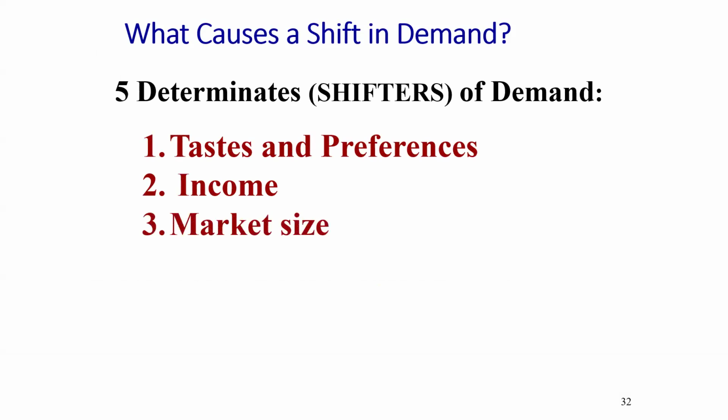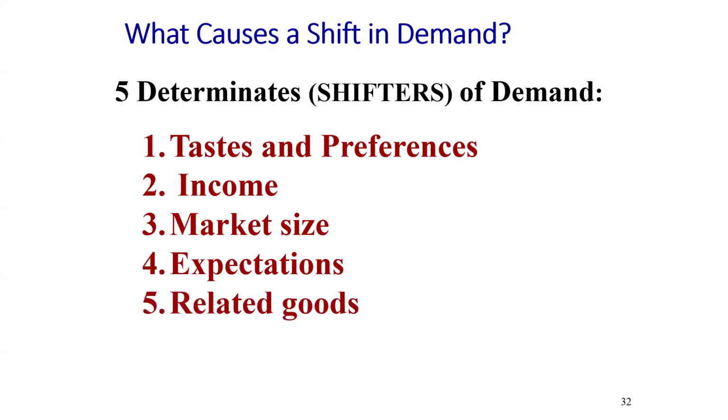Market size. Expectations. Okay? For expectations, if prices are going to go up in the future, demand now is going to increase. And then related goods, substitutes and complements. Okay, taste, preference, income, market size, expectation, related goods.